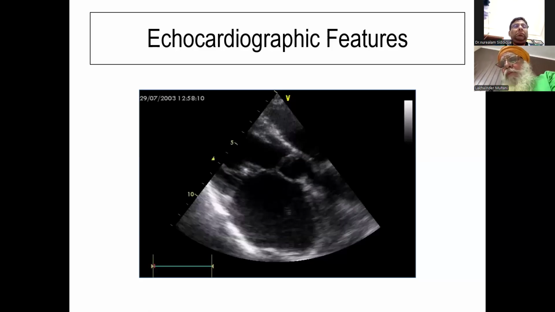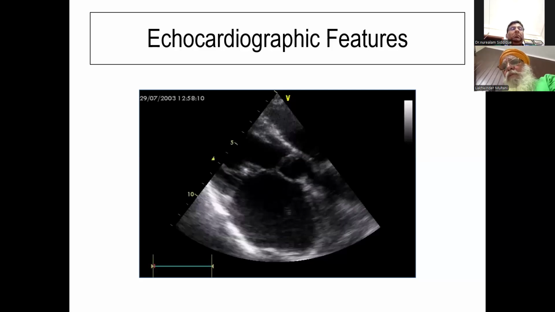The importance is: how can we have a severe mitral stenosis without a dilated LA? Just as, how can you have a severe aortic stenosis without concentric LVH?